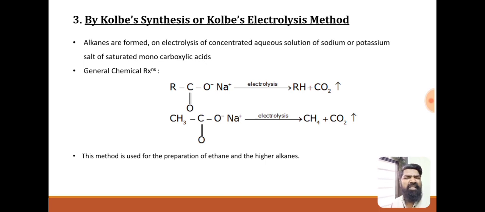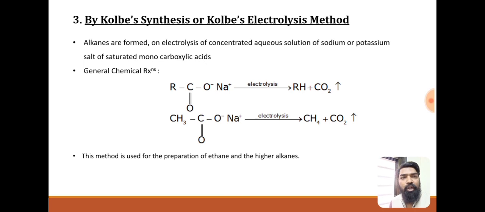That's the Kolbe synthesis. He is a German scientist, and the Kolbe electrolysis method, or Kolbe synthesis, is used for the preparation of alkanes. The alkanes are formed on electrolysis of a concentrated aqueous solution of a sodium or potassium salt of a saturated monocarboxylic acid. We have the general formula on your screen.